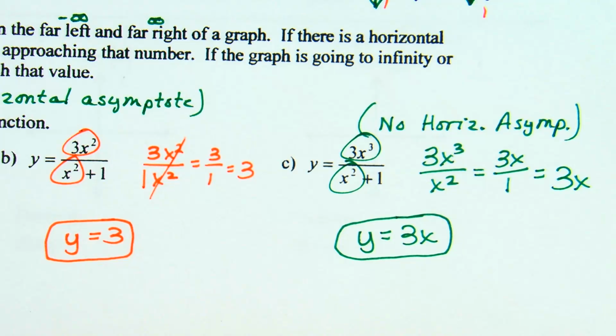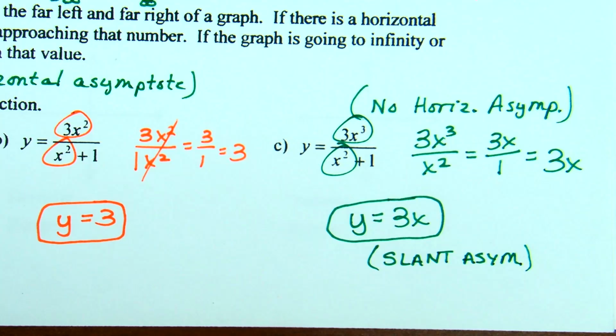This is what we call a slant asymptote. And it will make perfect sense when I put it on my graph in a moment. So let me adjust. Now it's 3x cubed over x squared plus 1. Oh, I did not recenter my graph. Oh well.